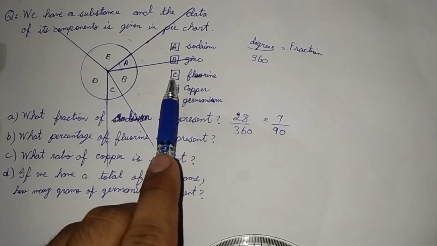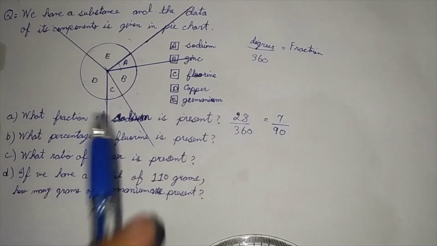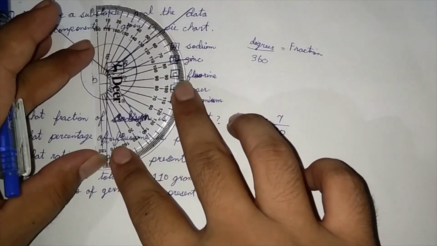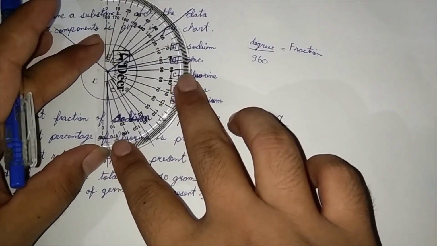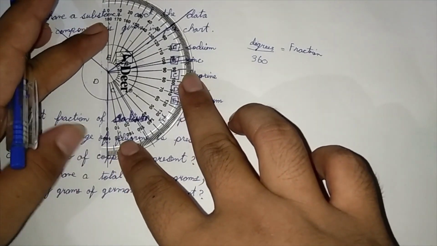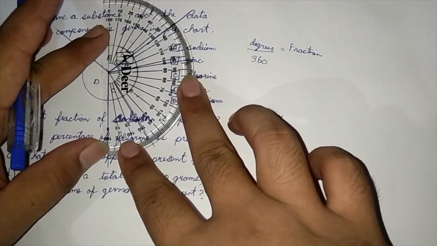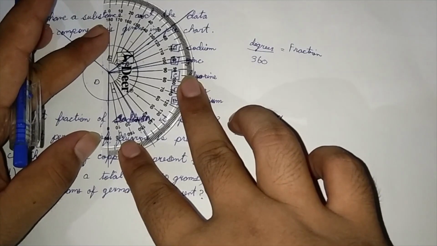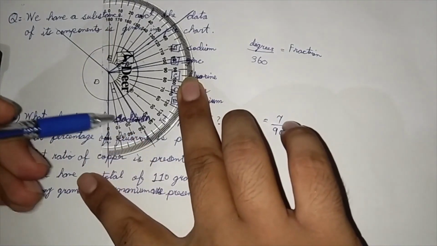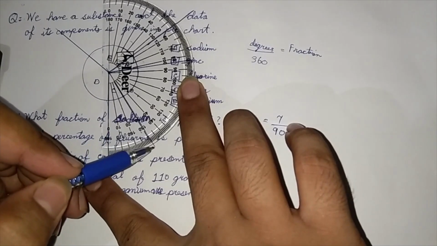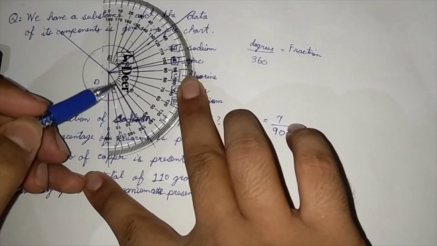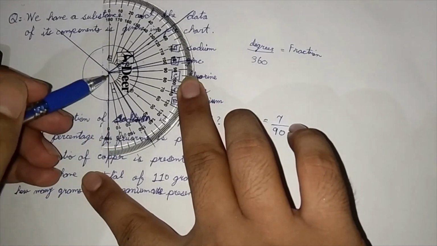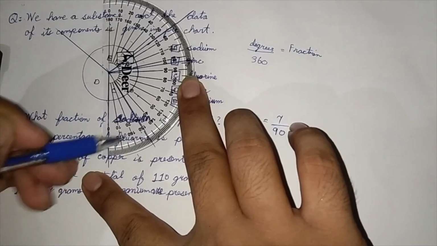Here we can see this one is our fluorine. So let's see, here we will put the 0, here we will have our baseline, and you can see this one is our angle from this line to this line.